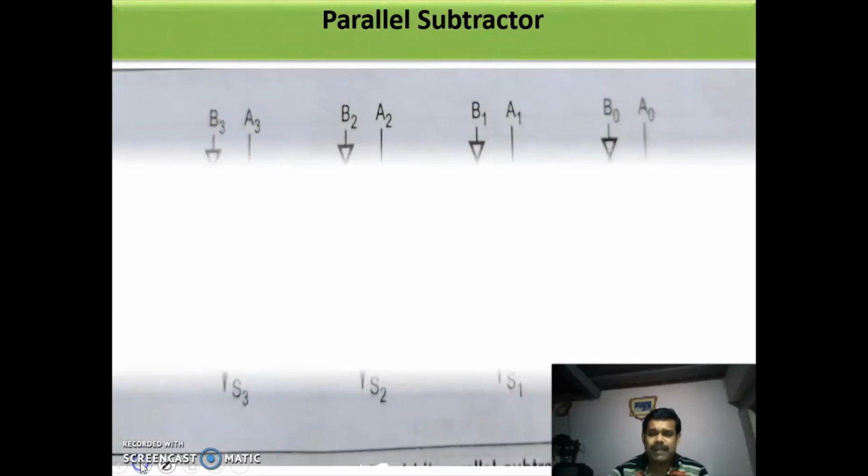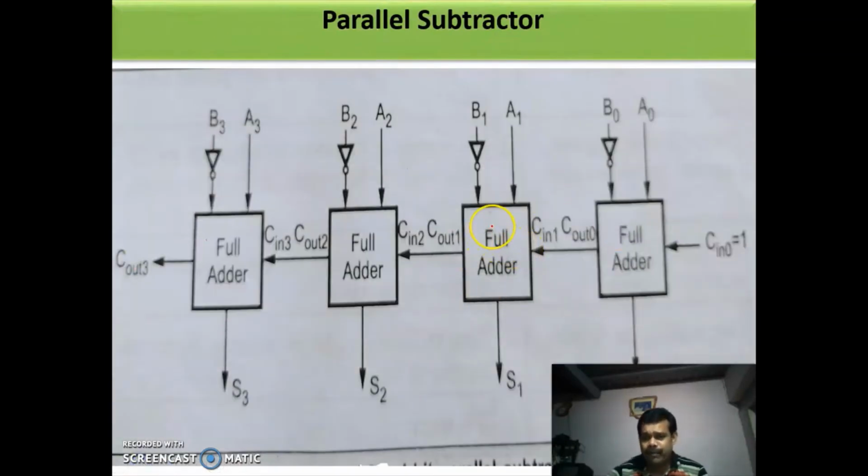Now parallel subtractor. Subtraction can be done by using the 2's complement method. 2's complement is 1's complement plus 1. So if you have two numbers, take some example, 5 minus 3. This 5 will be converted to binary, that is 0101, and 3 is nothing but 0011.